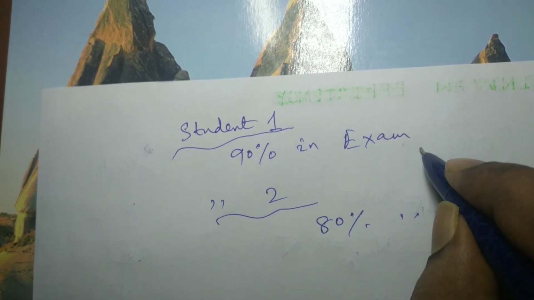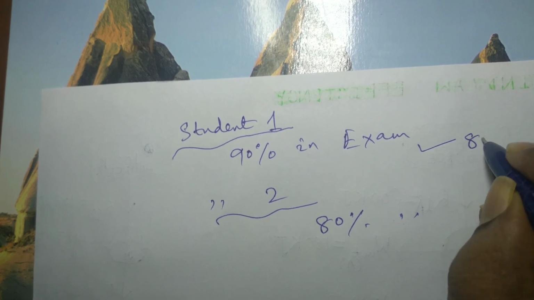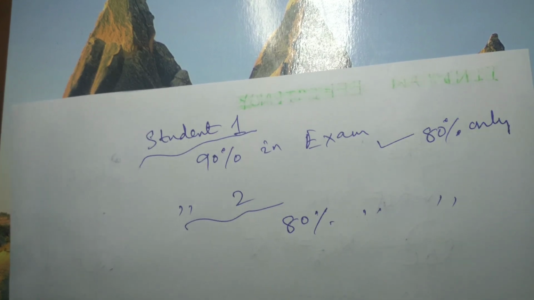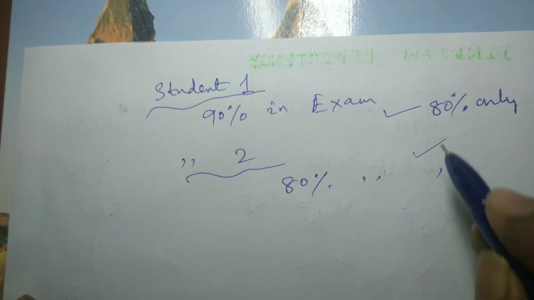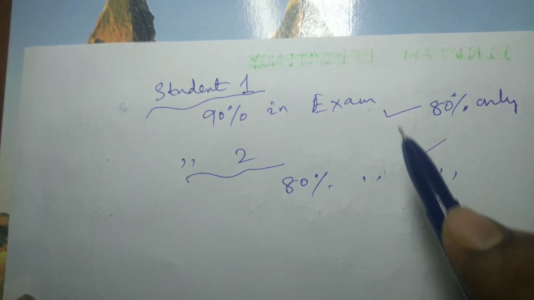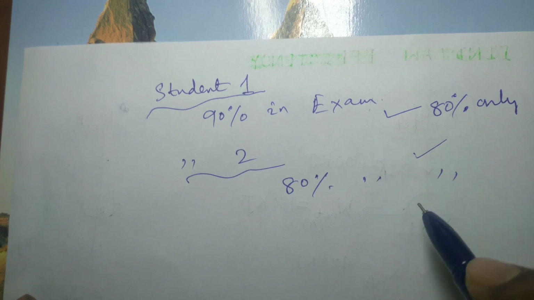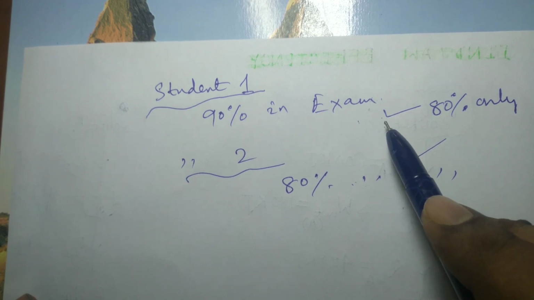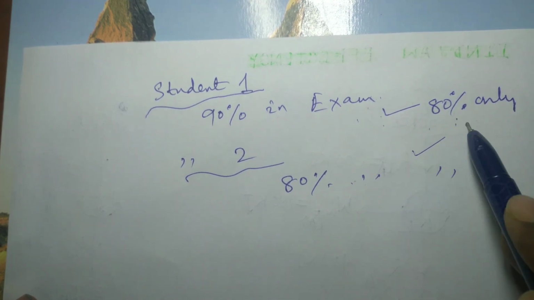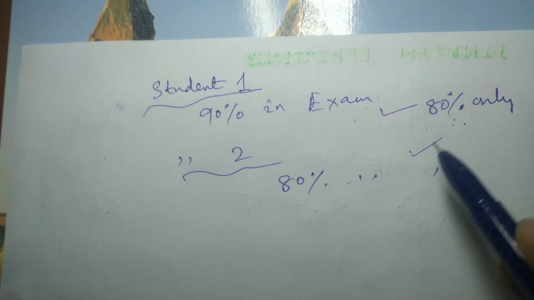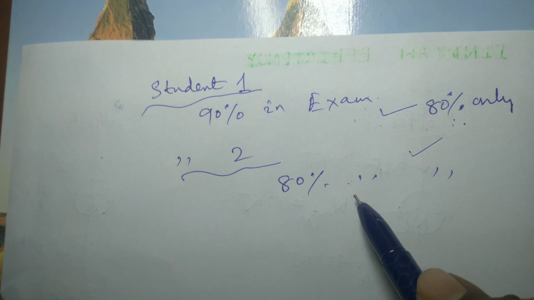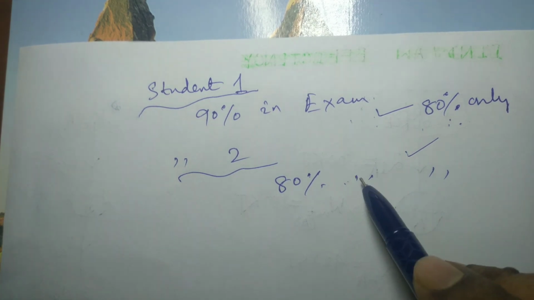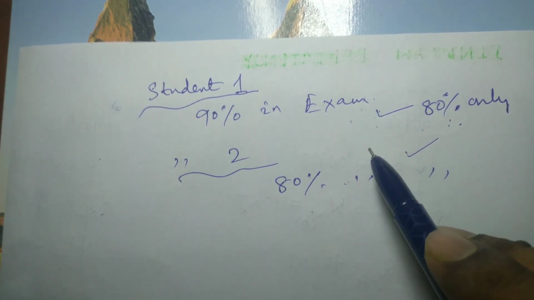And if student 1 has achieved 80% only, and the second student has achieved 80% also, you can't conclude that both have done equally well, because student 1 has higher potential. He should have secured 90%. In place of that, he has scored only 80% due to some negligence or any other reason. So we can't say that both students have equal performance. In fact, student 1 has performed poorly.